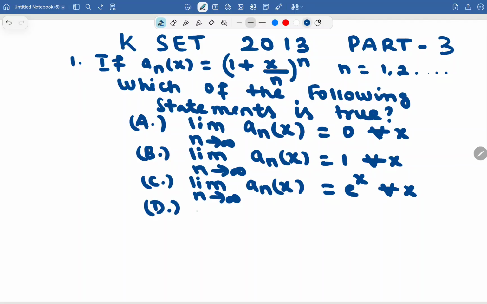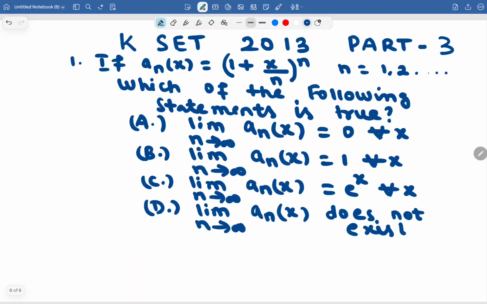Option D, limit n tends to infinity a_n(x) does not exist. In this problem, a_n(x) is given as (1 plus x by n) whole power n. We have to check which one among the 4 options is the correct one.